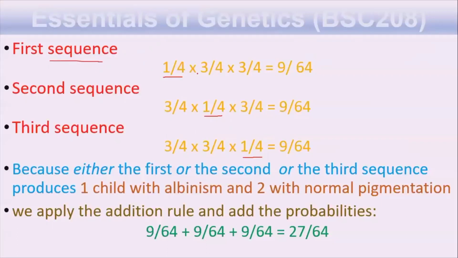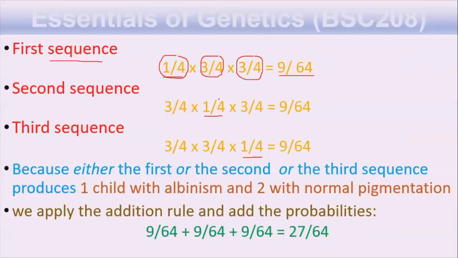And if we look at the first sequence, the probability of the first child being affected is 1 by 4, and then the probability of the second child being normal is 3 by 4, and similarly the third child is 3 by 4, and we will get the probability 9 by 64.